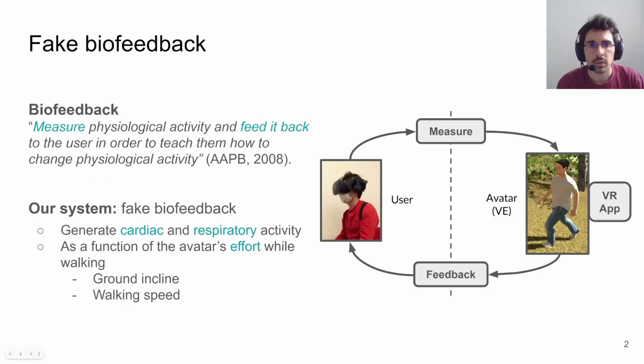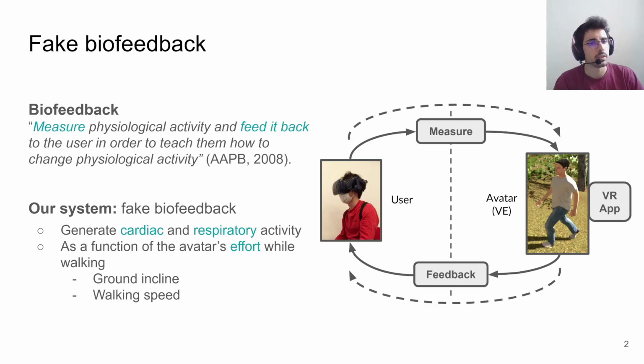So you may know the notion of biofeedback as the way to measure a physiological activity and feed it back to the user in order to teach them how to change physiological activity. So for biofeedback, you have a component of measure and a component of feedback. Our system is a little bit different.